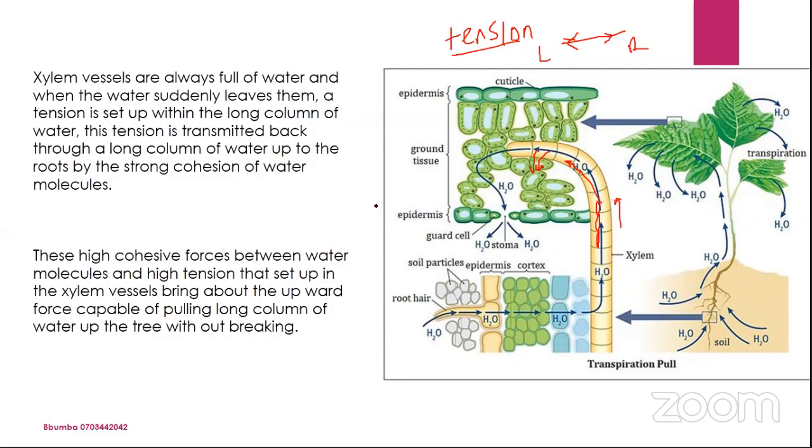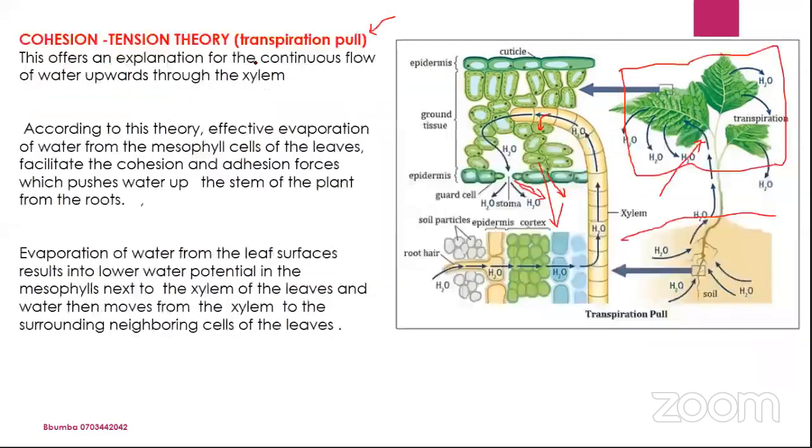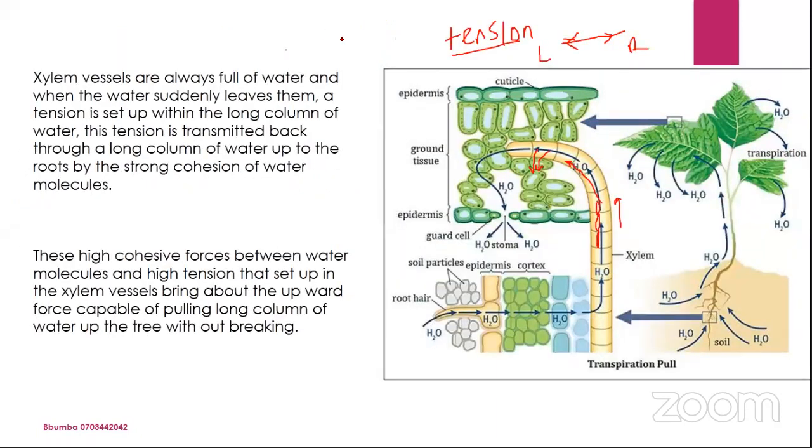So that is the summary of cohesion tension forces, or cohesion tension theory, or the transpiration pull theory. It is normally examined in paper 2 of biology 3Z/2, paper 2, which has those essay questions. That's where you can find such questions being asked.